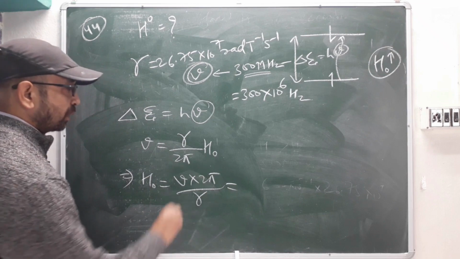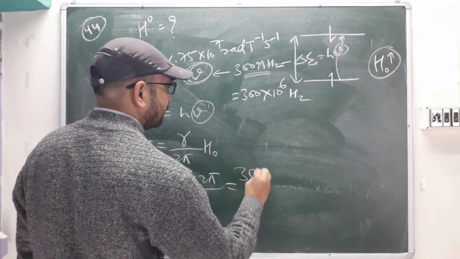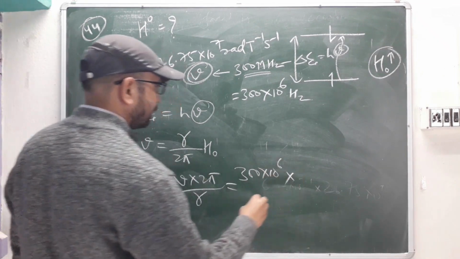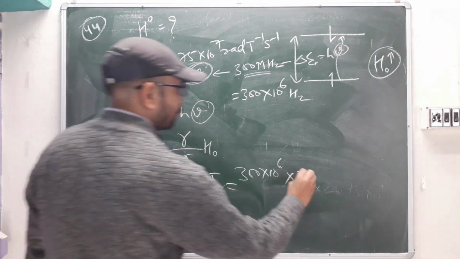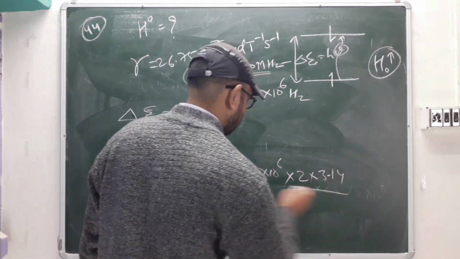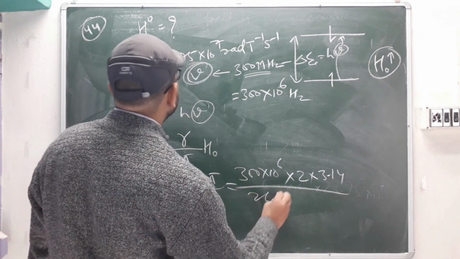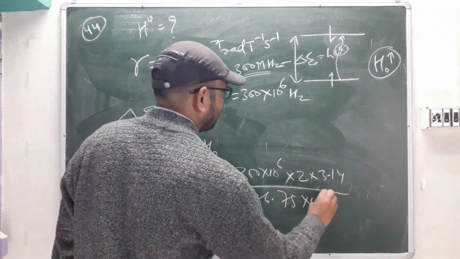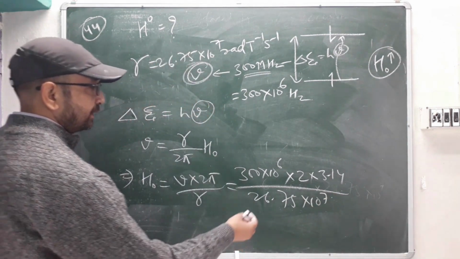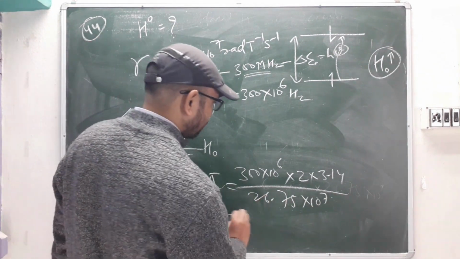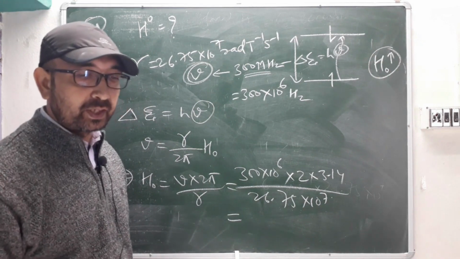So how much it is coming, nu is your 300 into 10 to the power 6 into 2 into 3.14 divided by your gyromagnetic ratio, 26.75 into 10 to the power 7. Okay, it's an easy calculation, simple. Already I have calculated, otherwise it will take more time.